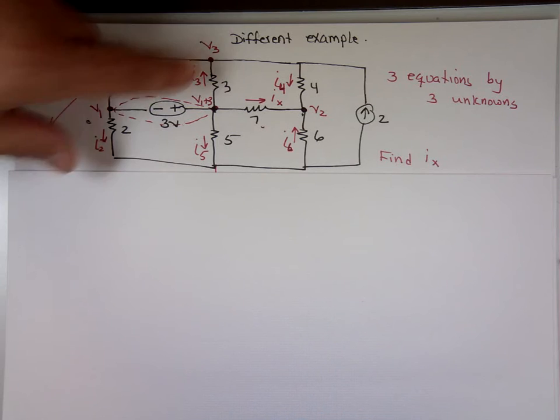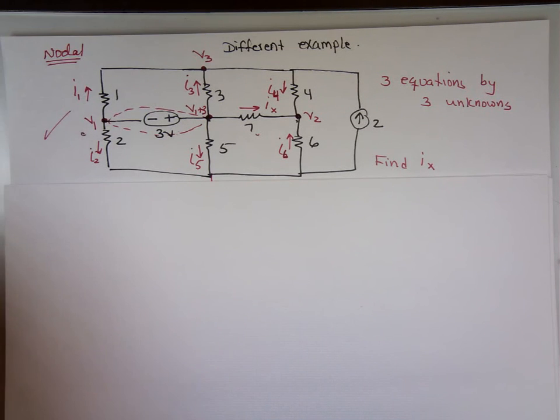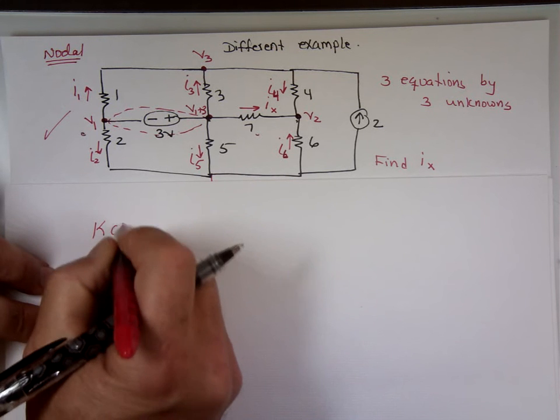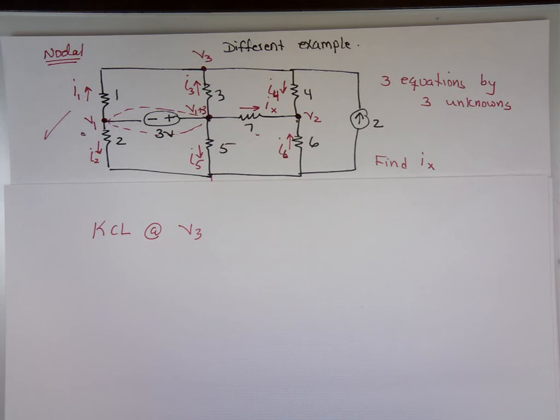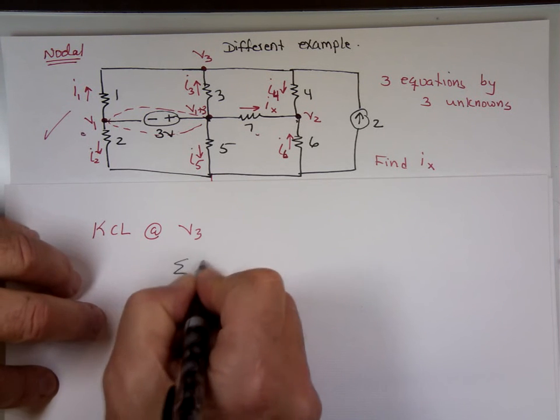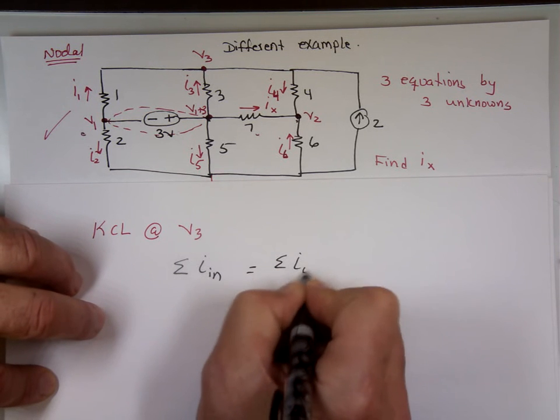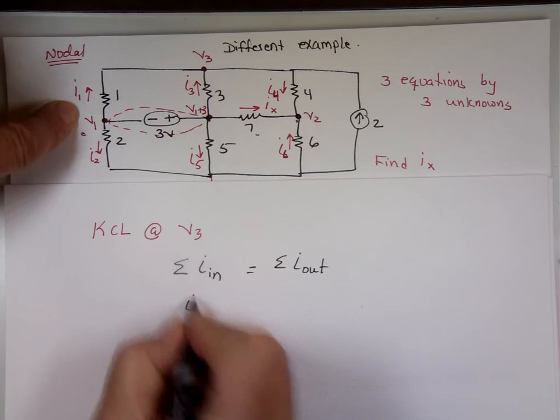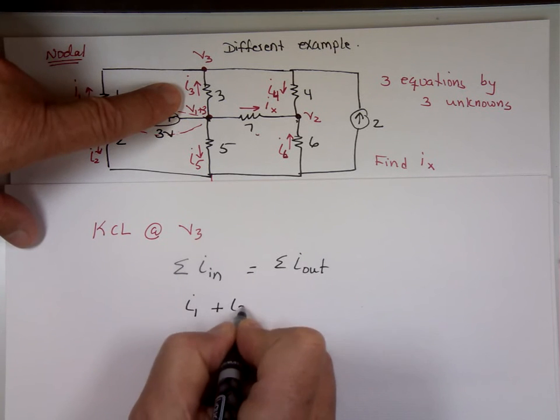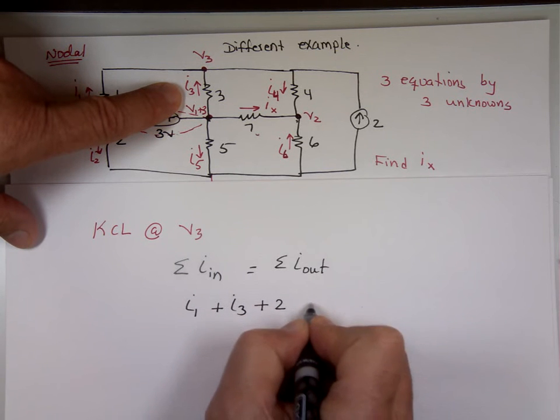I have to do KCL at node V3, the top. Again, all the current going into the node should equal all the current coming out of that node. Going into it is I sub 1, I sub 3, the 2 amps, and what's leaving is I sub 4.